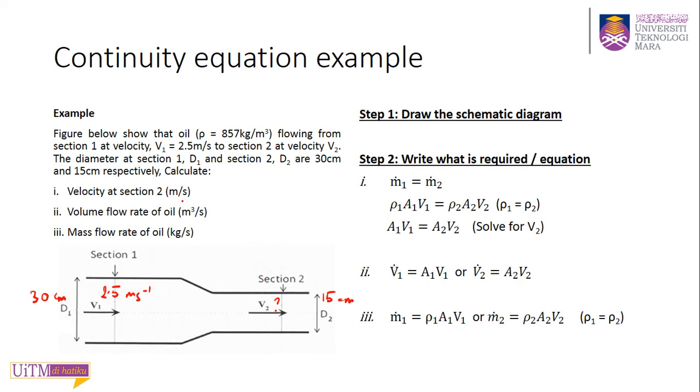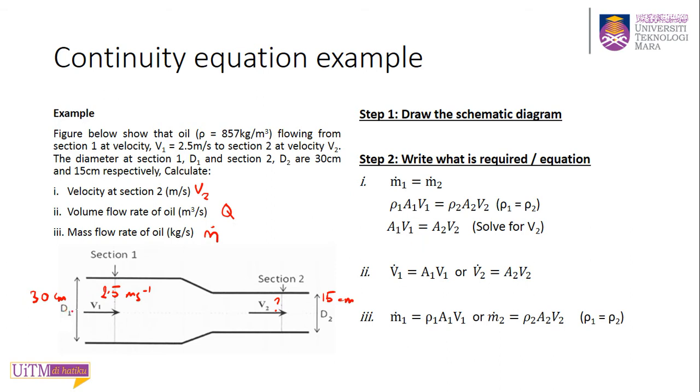The second one, they ask you to find the volume flow rate of oil, that's Q. And the third is the mass flow rate, which is m dot. It's simple, as we have learned the equations for all of these problems.